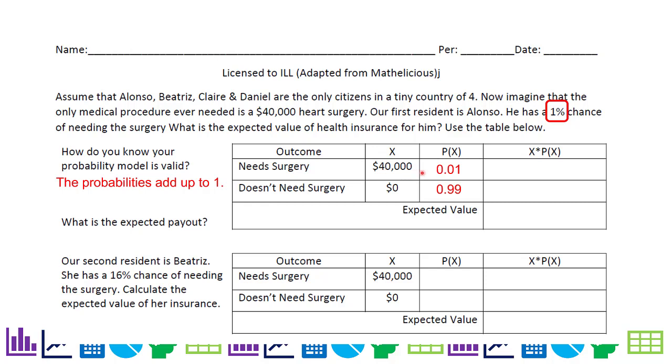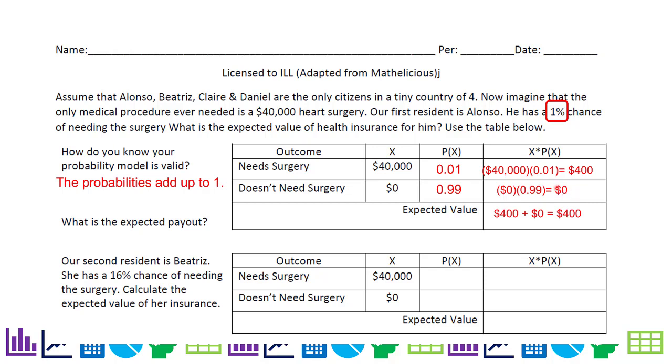It's kind of like those weighted averages we were doing in the lesson in the last unit. So 40,000 times 0.01 is $400. $0 times 0.99 is $0. So the expected value is the sum of all these products, which is $400.